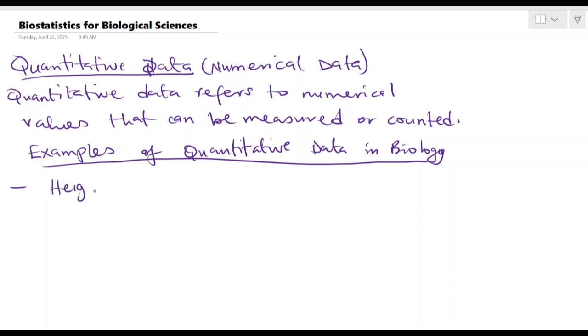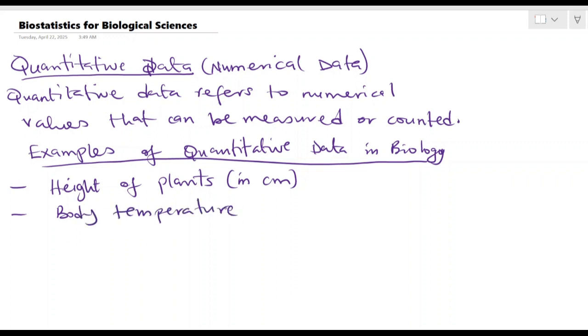The height of plants can be measured, and can be measured in centimeters. Another example is body temperature. You want to take the body temperature. You don't want to do it by ranking mild, moderate, or severe. You want to know the exact number, and body temperature can be measured in degrees Celsius.